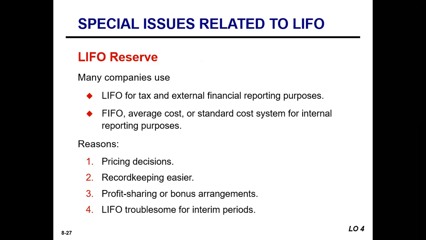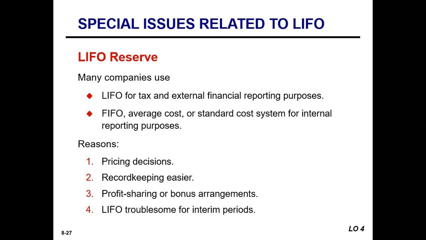And then the fourth reason, the use of a pure LIFO system is troublesome for interim periods, which require estimates of year-end quantities and prices. So one way that companies deal with this is by calculating basically an adjustment in inventory, the LIFO reserve, which is an adjustment in inventory.